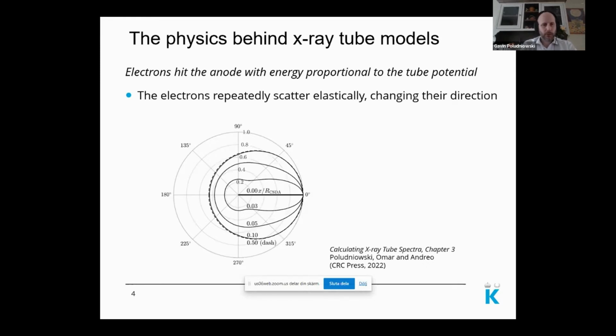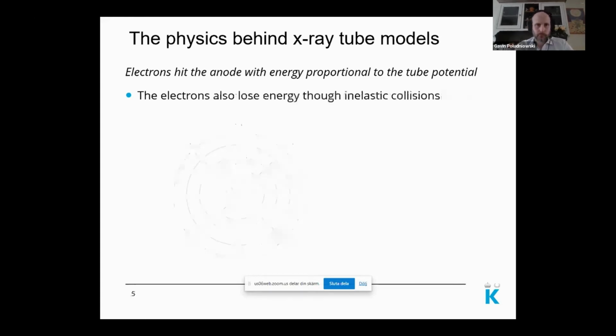By the time it's gone just 3% of the CSDA range, it's still quite forward focused, but they're traveling in every direction. And as you go deeper and deeper into the target, you get a more diffuse distribution, which eventually doesn't change. But always there's more electrons heading into the target than heading backwards out towards the exit.